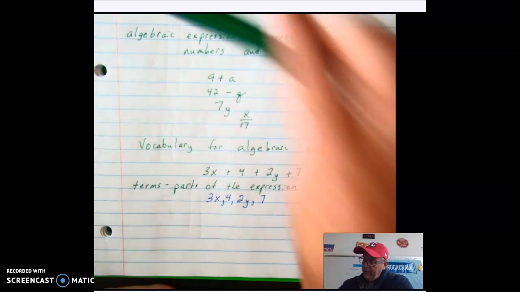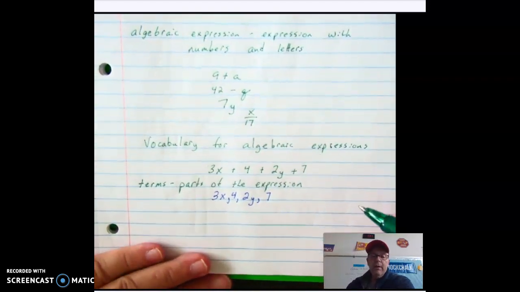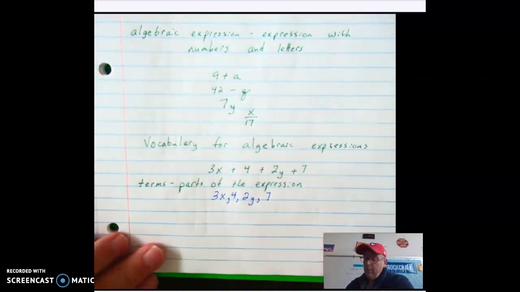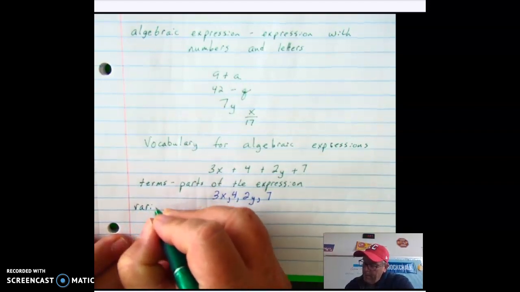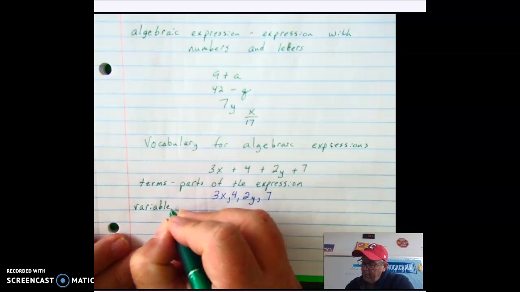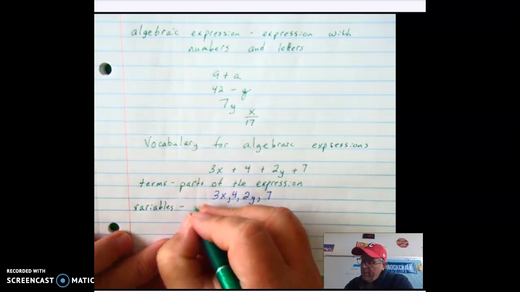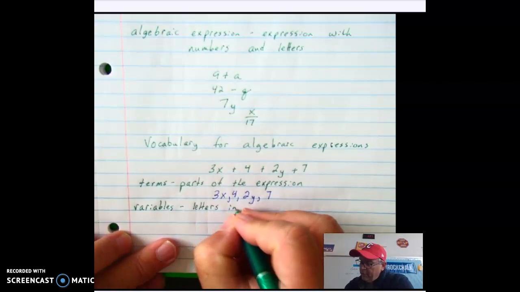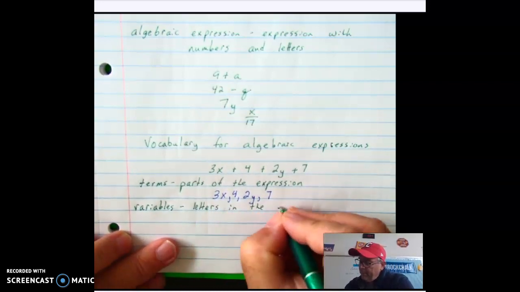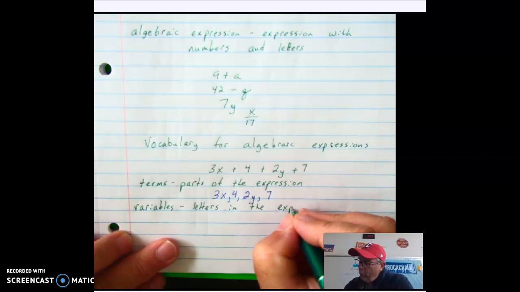So the next thing that we want to talk about is our variables. And what variables are, those are the letters in the expression. So the letter only.